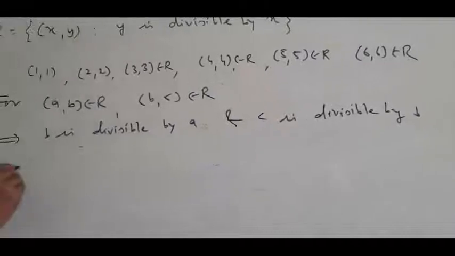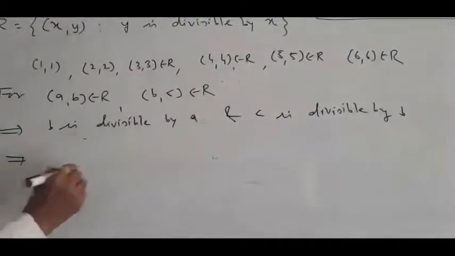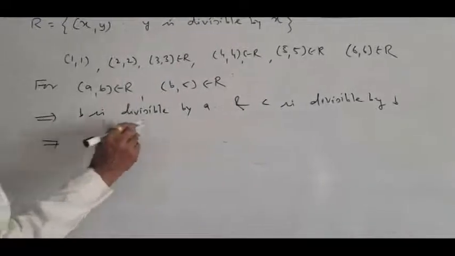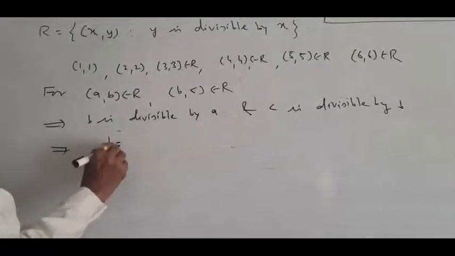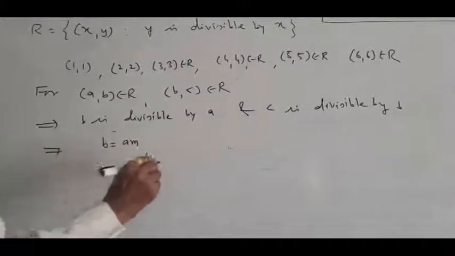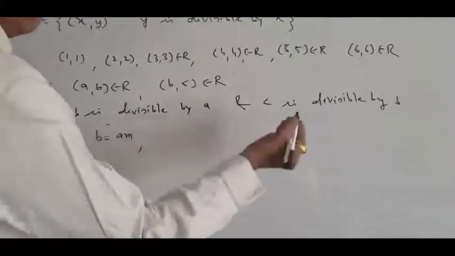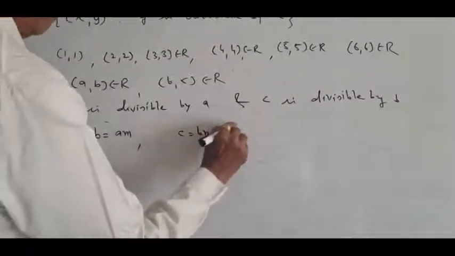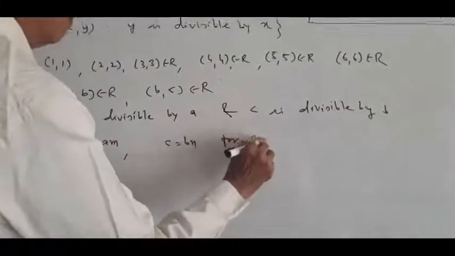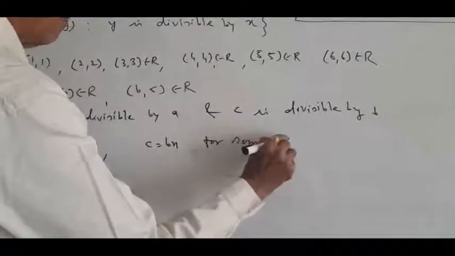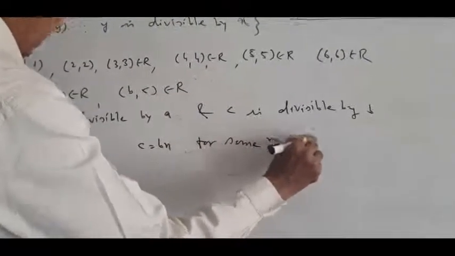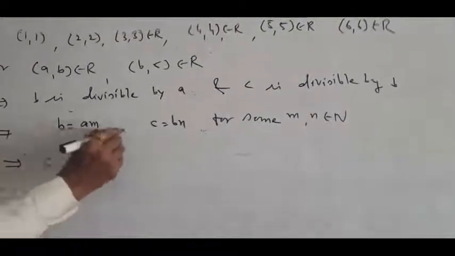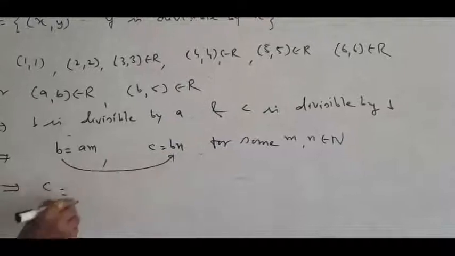Now b is divisible by a, therefore b is equal to am. c is divisible by b, therefore c is equal to bn for some m, n belonging to N. Therefore, c is equal to amn, putting the value of b.